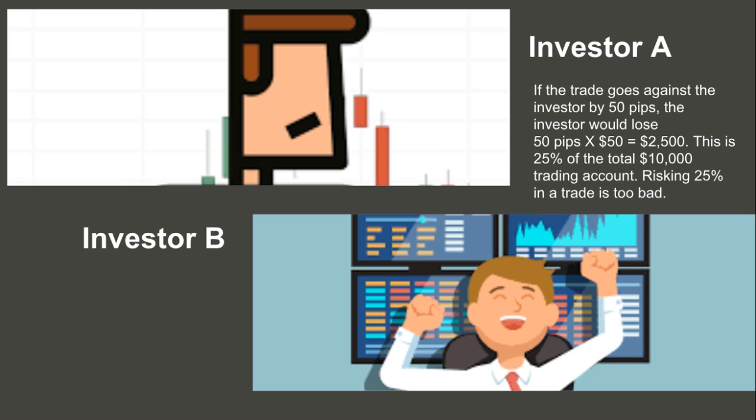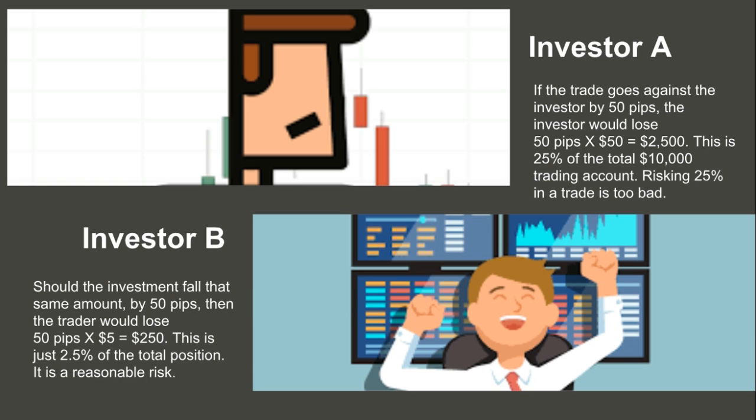So if the trade goes against the investors by 50 pips, investor A would lose $2500. This is 25% of the total $10,000 trading account. So investor A risking 25% in a trade is not good.